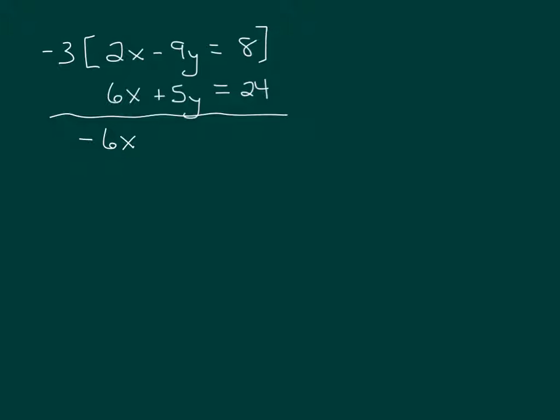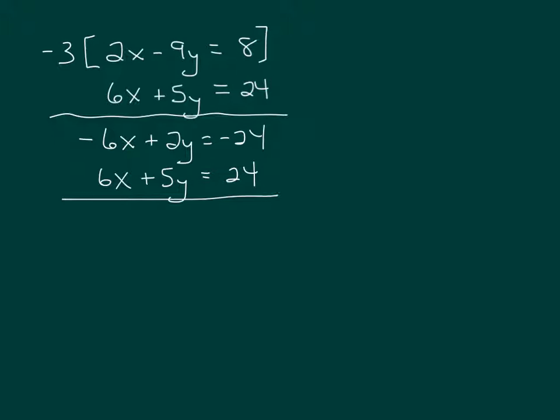Well, sorry, I'm going to multiply the top equation. I don't need to multiply the bottom equation. Because now I have opposite signs on the 6, and when I add, they'll be eliminated.